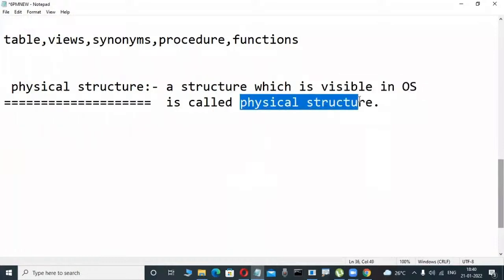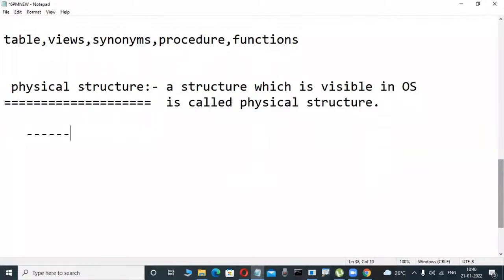But the physical structure, you and I don't work in it. Some different type of persons work there. Who? The DBA, database administrator. In project side, database administrators are some other type of persons in the database.